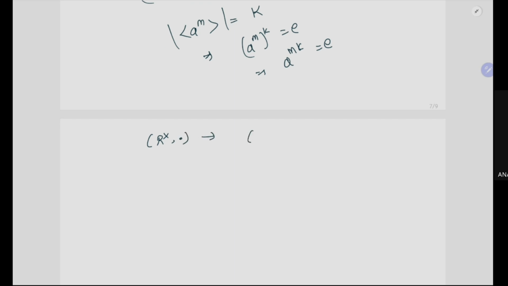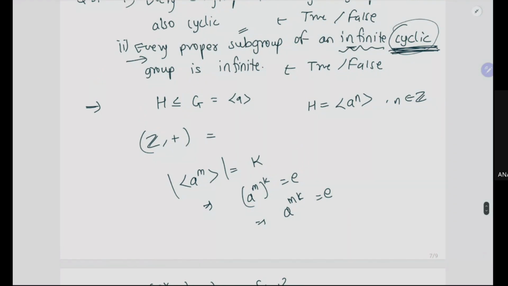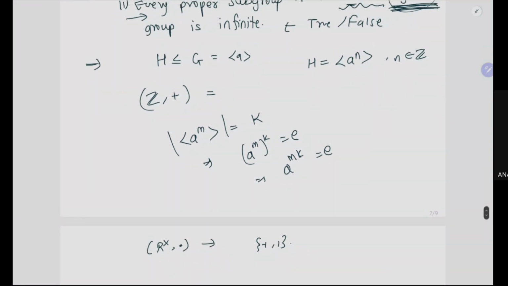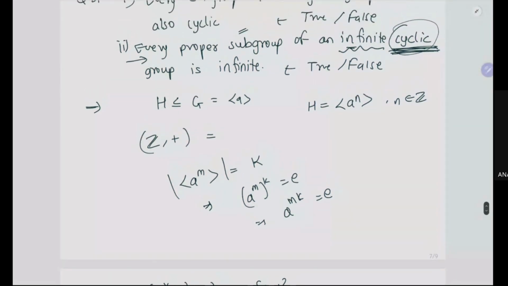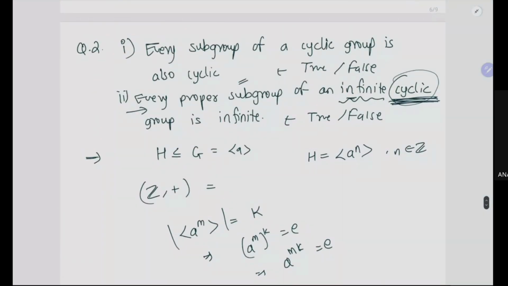In that case, the set {-1, 1} will be a proper subgroup which is not infinite. Okay, so I hope this question is clear: the group being cyclic was important here.